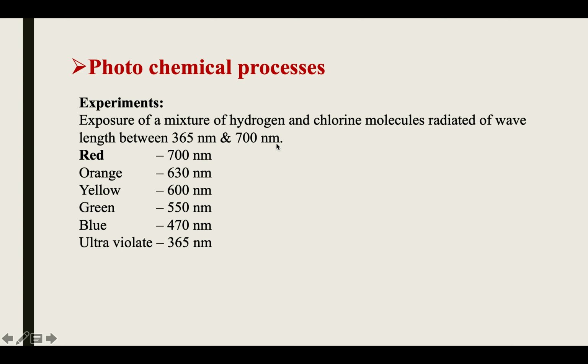The irradiation will be red light, orange light, yellow light, green light, blue light and ultraviolet light. So all these six LED lights we are going to irradiate, and we are going to see what happens to the mixture of hydrogen and chlorine gas molecules.